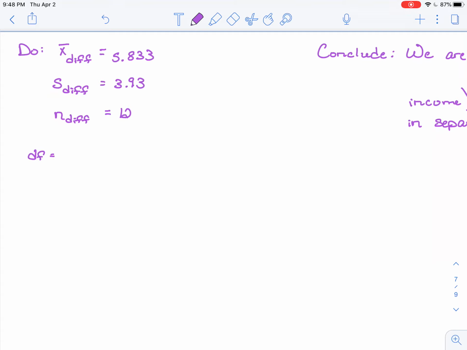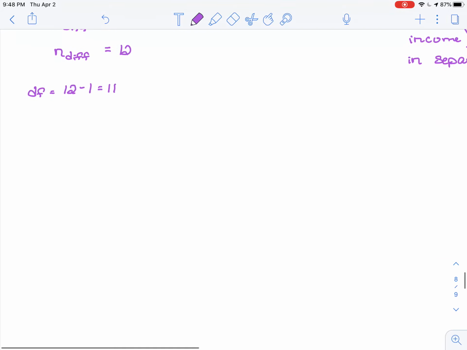Since I'm at a 95% confidence level, if you go back to that first lesson, you don't use that god-awful formula. You just go ahead and say, sample size is 12, so I get 11 degrees of freedom. I can then find my critical value using inverse t at 95% confidence.